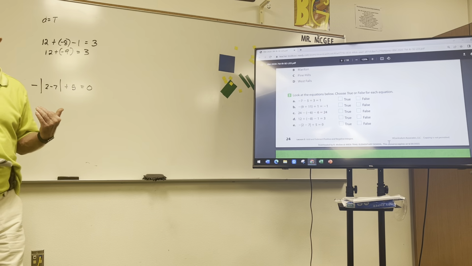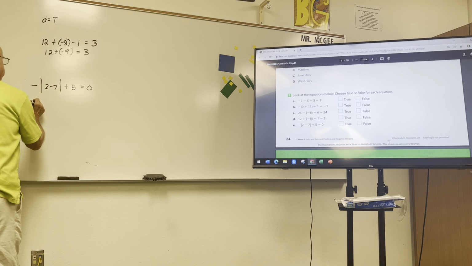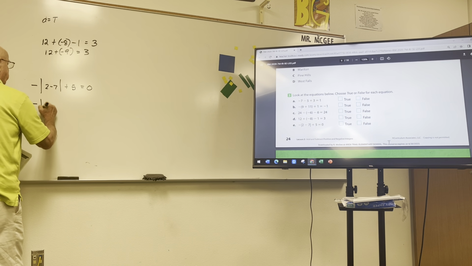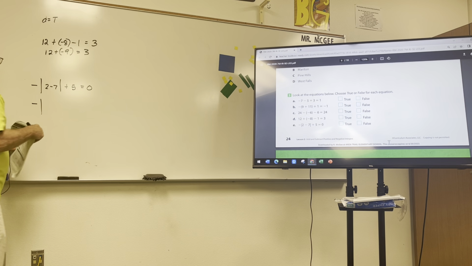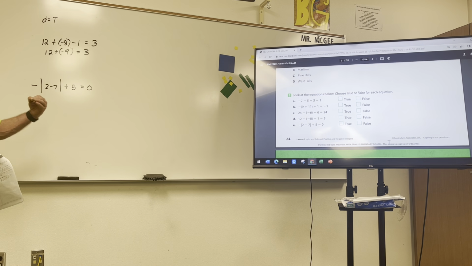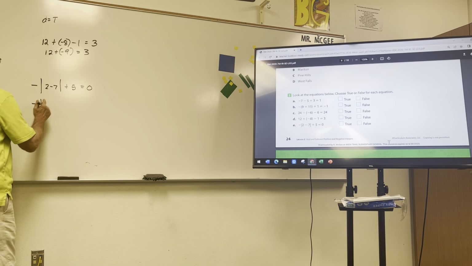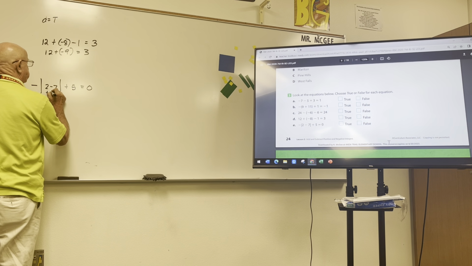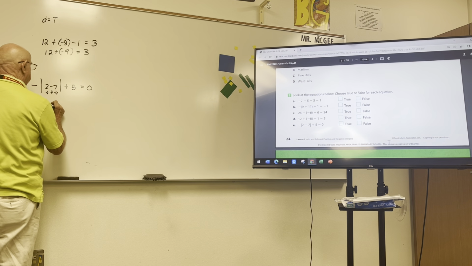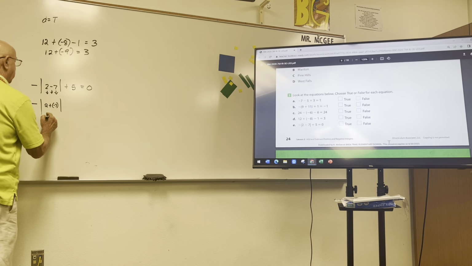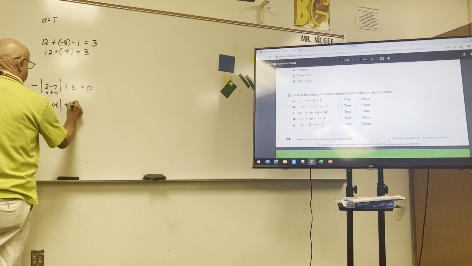Now we know that in here I have this sign. When you read it like this, when it's outside the symbol, don't read it as negative, read it as the opposite of. So we have the opposite of the absolute value. If I keep, change, I get 2 plus a negative 7, which is going to be negative 5, plus 5 equals 0.